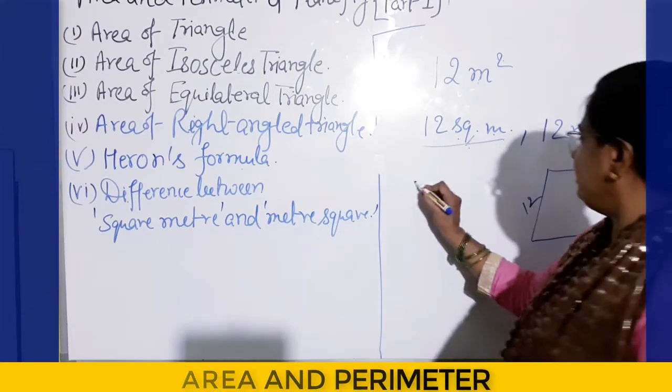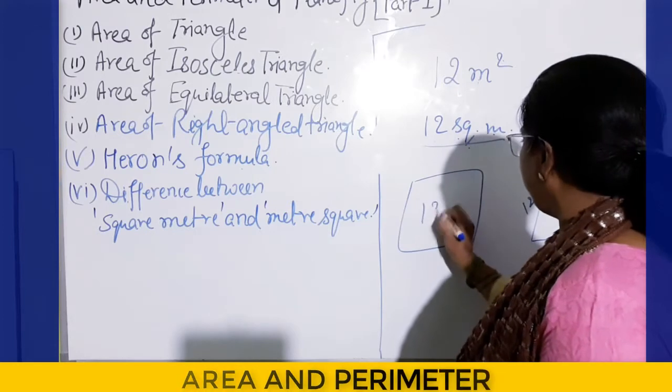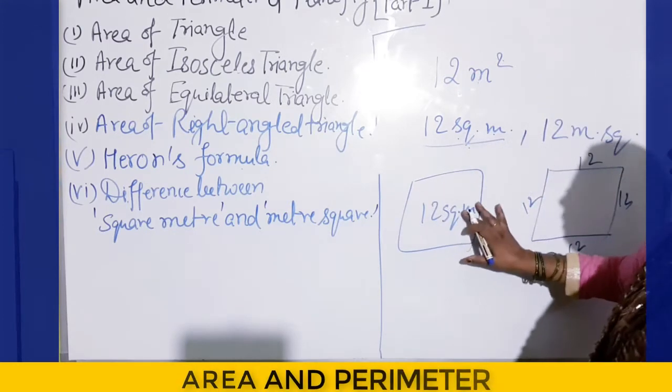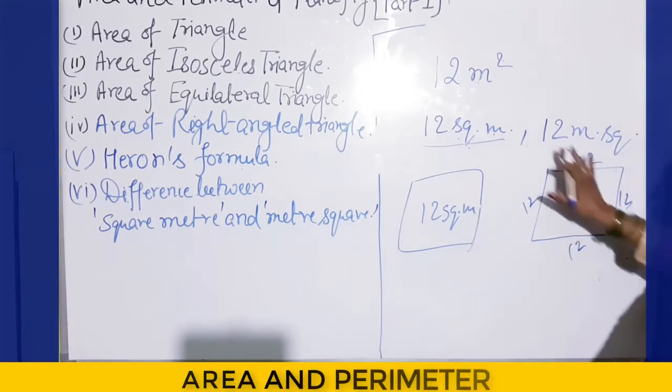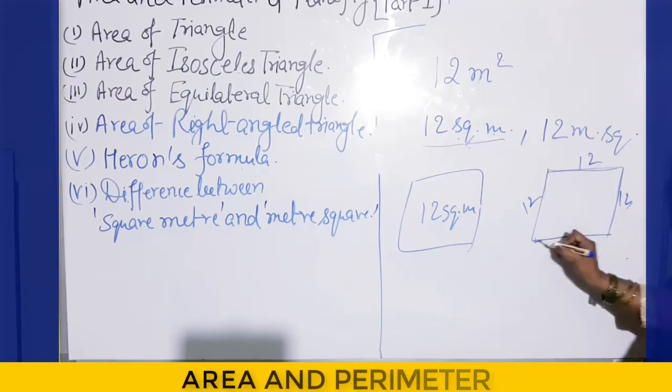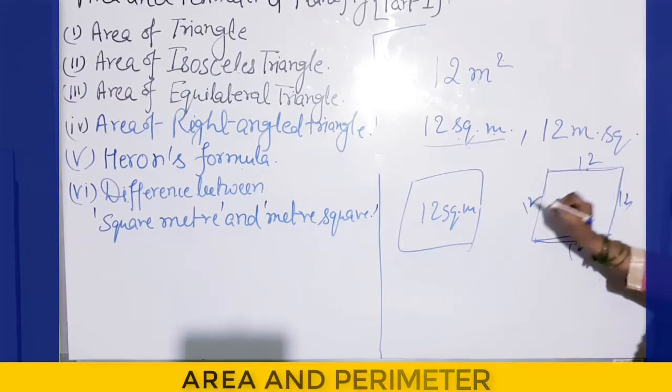And it is an area. The whole area is 12 square meter. And 12 meter square means a square whose all sides are 12, 12, 12.